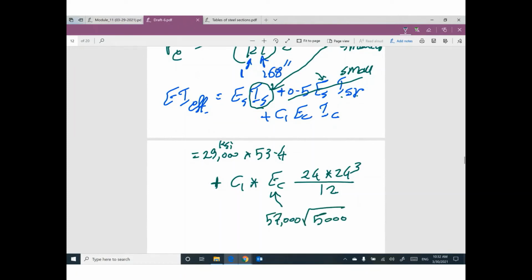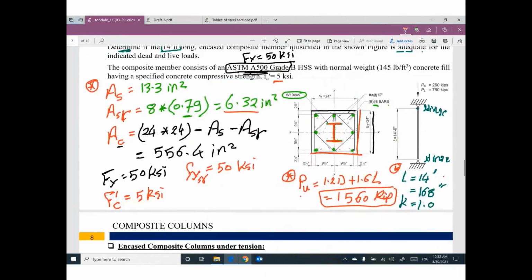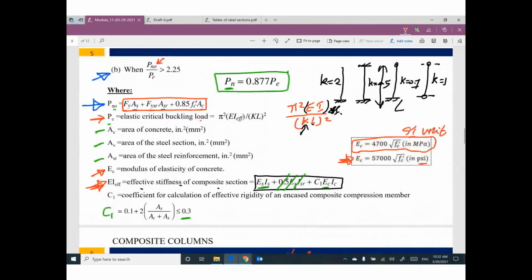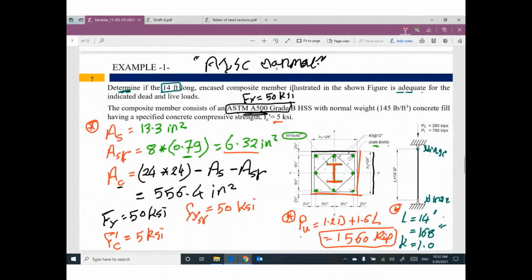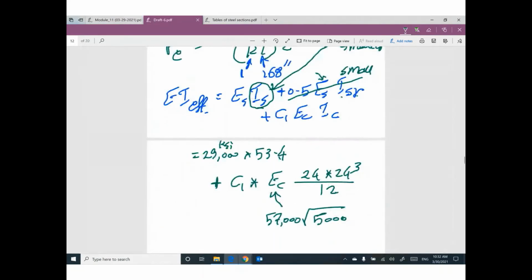57,000 square root of 5,000. E concrete here is 57,000 square root of F prime C, but remember F prime C should be in PSI. The given F prime C equals 5 KSI, so I multiplied it by 1,000 to be 5,000 PSI.